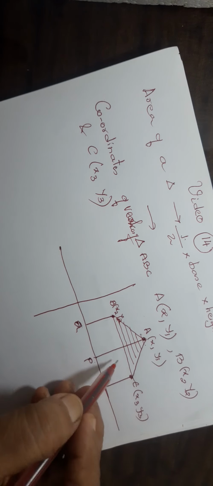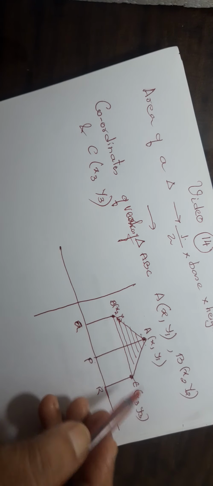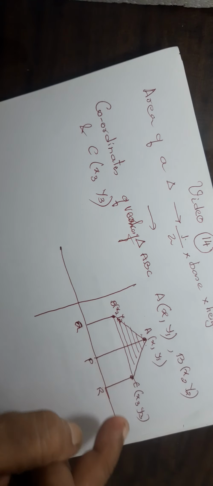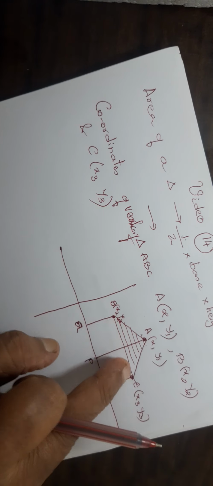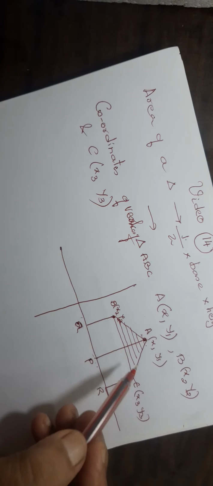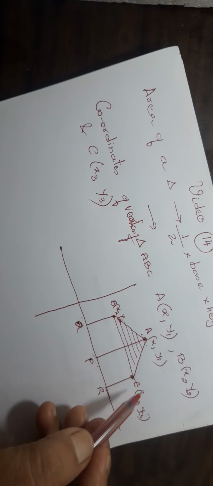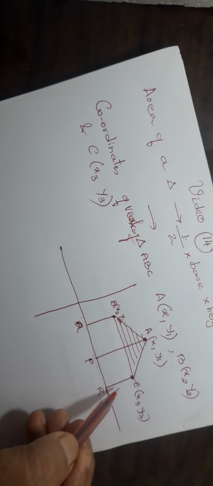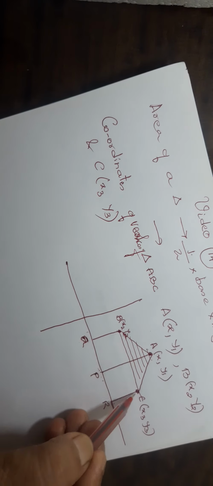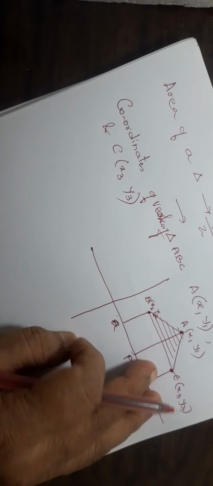So the area of BQRC has to be subtracted from the sum of the areas of these two trapeziums: area of ABQP plus area of APRC minus area of trapezium BQRC. Then they find the area of triangle ABC. When you do all this, there are lots of steps.